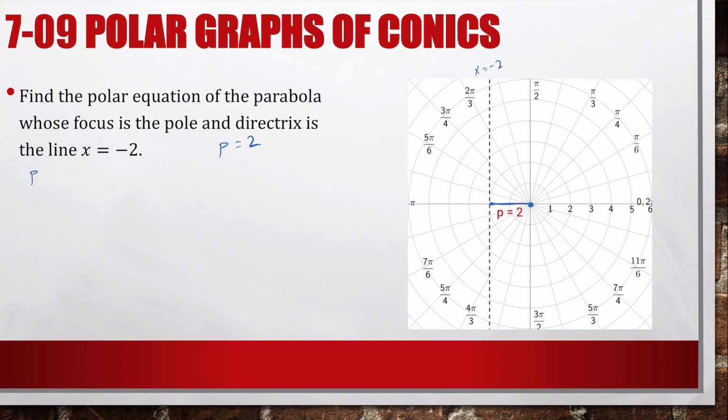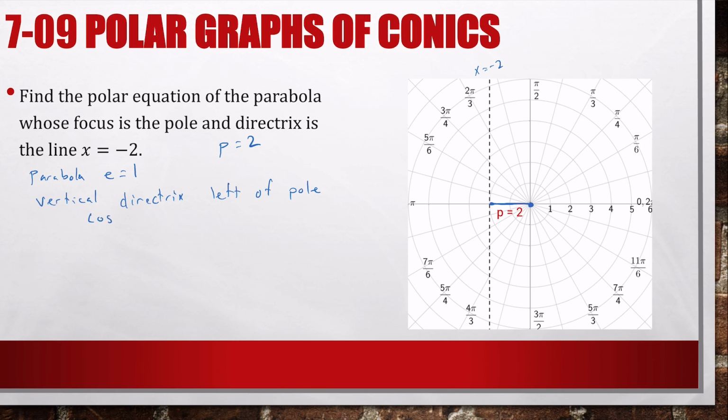We also know it is a parabola, and for a parabola, E is 1. We have a vertical directrix, and it is to the left of the pole.